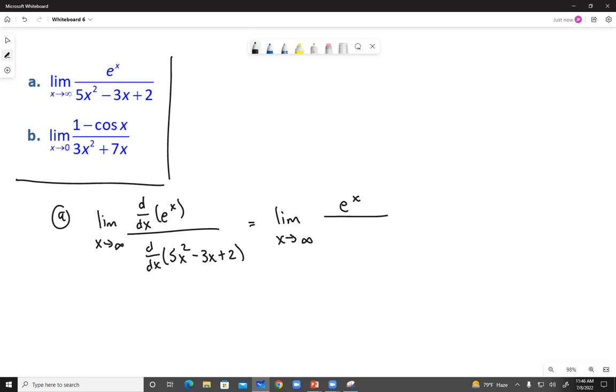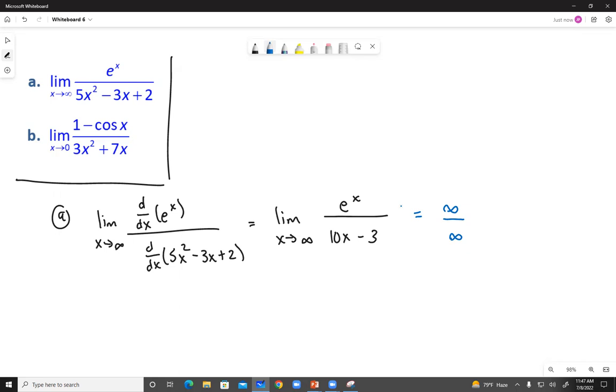And in the denominator, we just have to do a little bit of the power rule, giving us 10x minus 3. Just as before, we will plug in infinity and see what happens. Well, the numerator is still infinity, and the denominator, being a linear function, still gives us infinity.